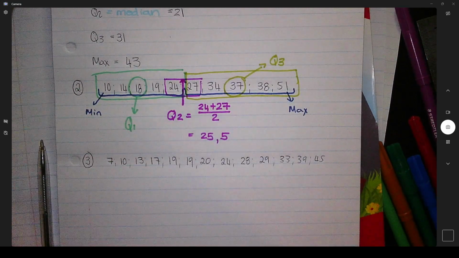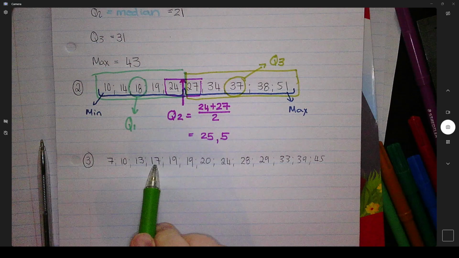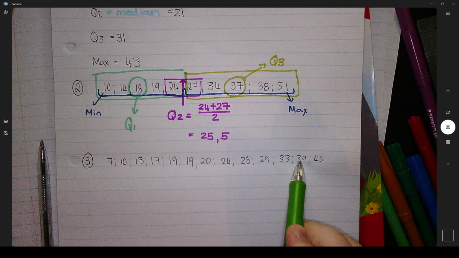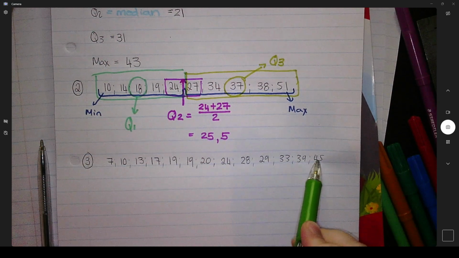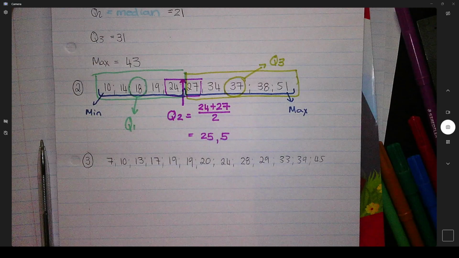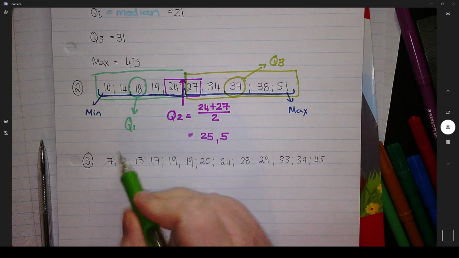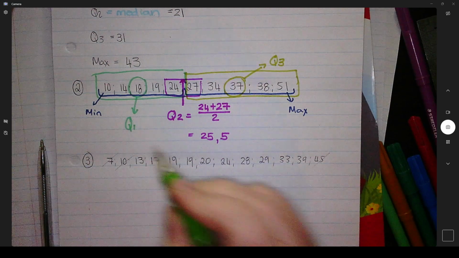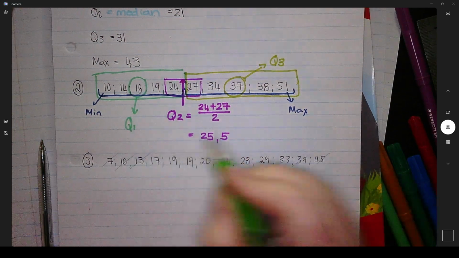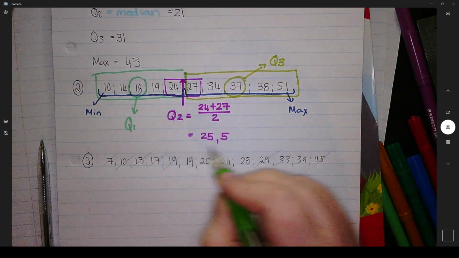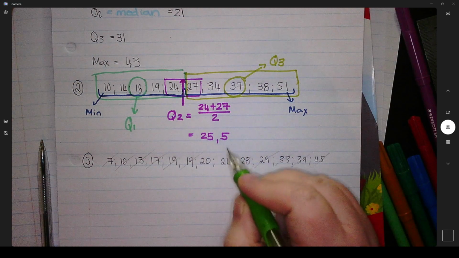Right, let's move on to example 3. Over here we have 1, 2, 3, 4, 5, 6, 7, 8, 9, 10, 11, 12, 13 values. If you find it easier to find your median by doing the following: 1, 2, 3, 4, 5, 6.